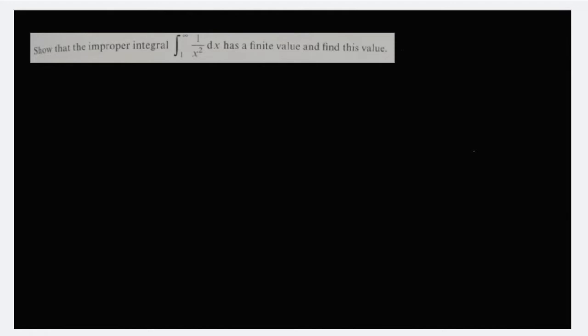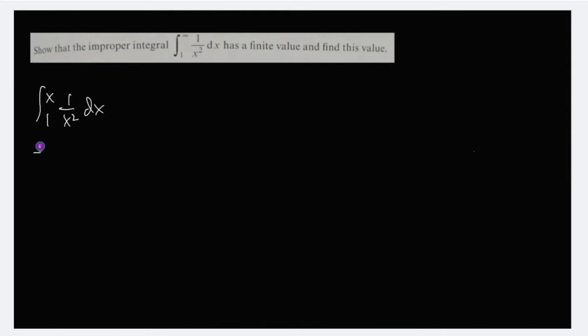So instead of having the improper integral from 1 to infinity of 1 over x squared dx, we can just have the improper integral from 1 to x of 1 over x squared dx. Okay, so only that. So first, let's try to simplify this one so we can integrate later.